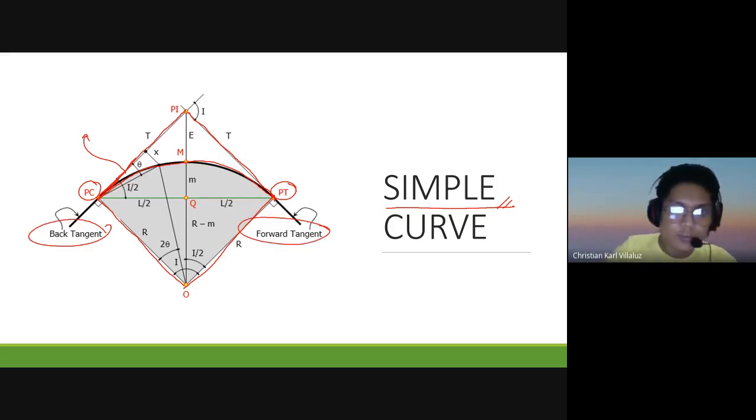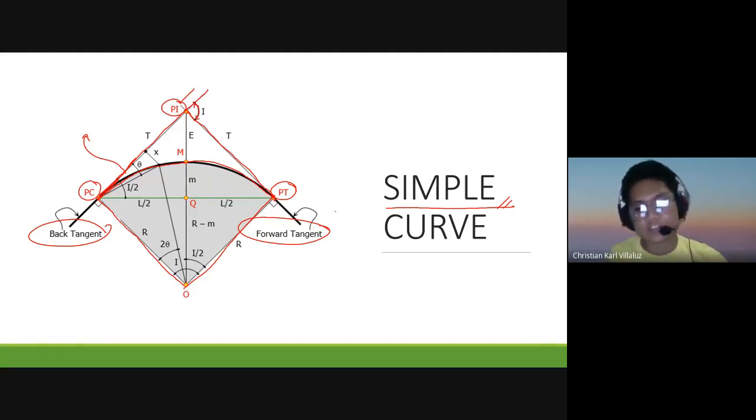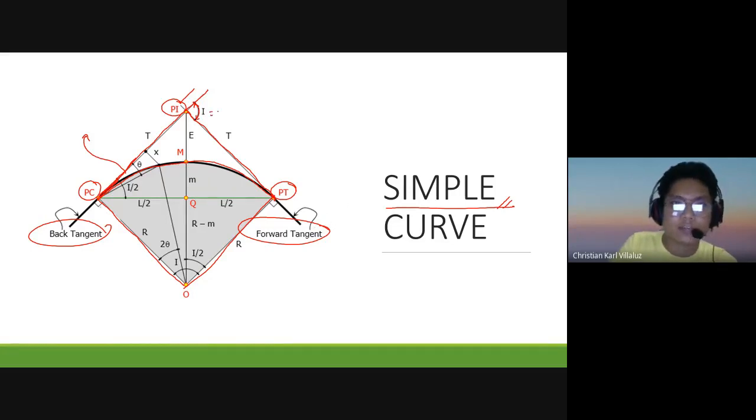Now, the point of intersection of these tangents is called PI, or point of intersection. And the angle formed by the intersection of the tangents is called the angle of intersection, which is I. The angle of intersection I is also equivalent to the central angle of the simple curve.